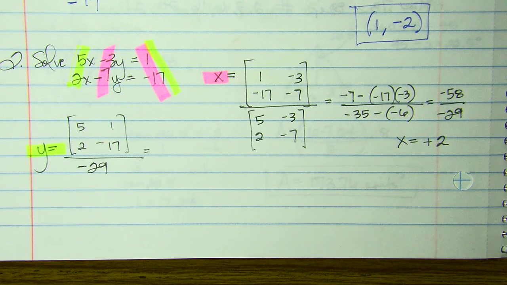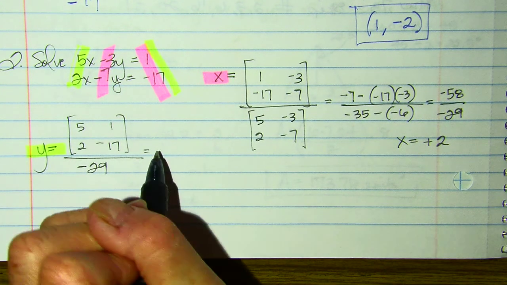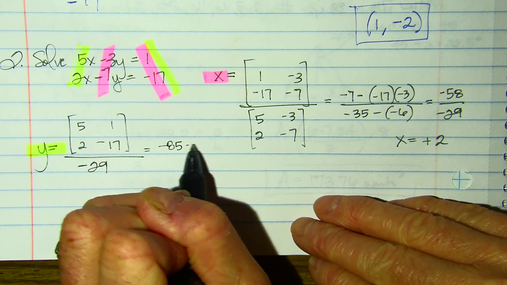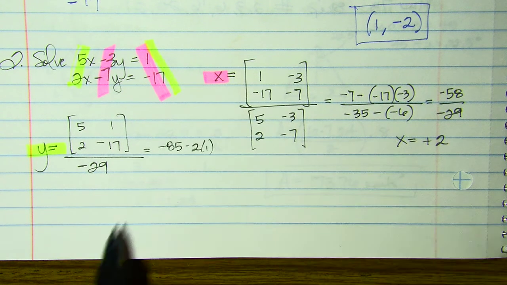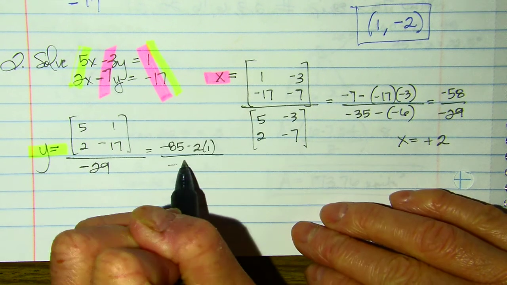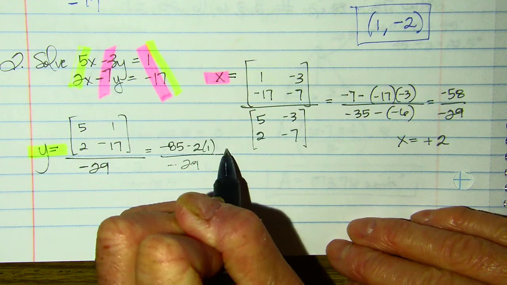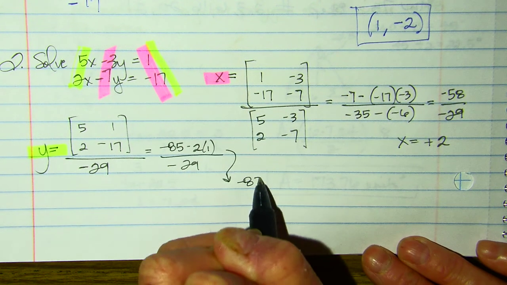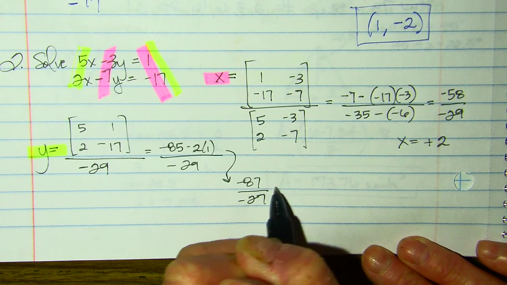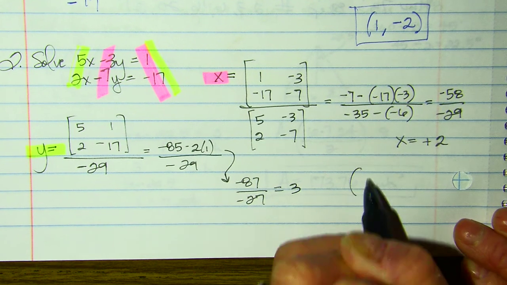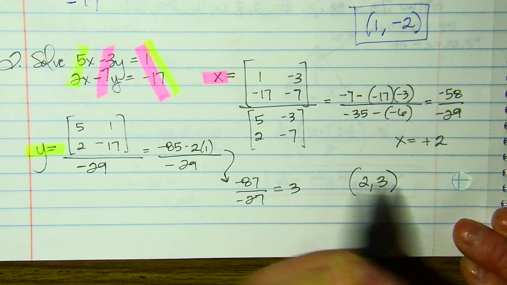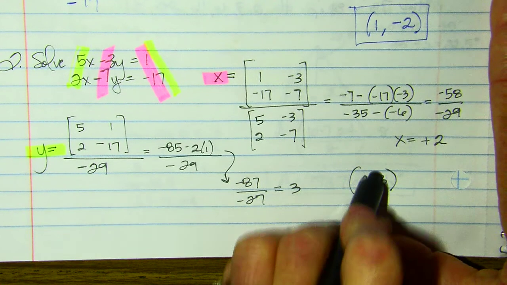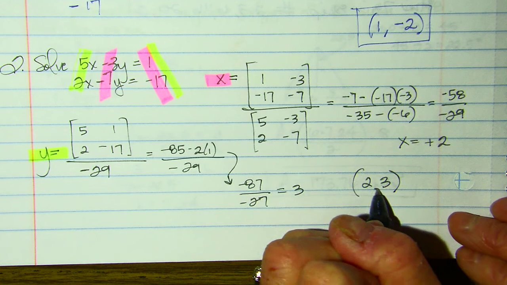So 5 times negative 17 is negative 85 minus 2 times 1 over negative 29. That gives me negative 87 over negative 29, which gave me positive 3. So my solution is 2, 3. Sorry, that should be a comma because y is 3.